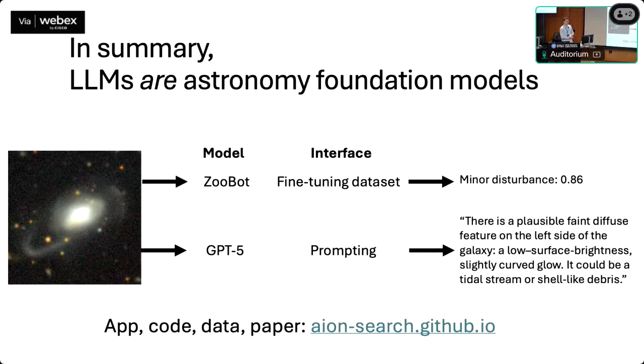You can just prompt it with text. So if you have a scenario where you're looking for a rare type of galaxy that you don't even have 1,000 examples to fine-tune Zubot, for example, then you might have to use this language model. But if you have 10,000 examples, then fine-tuning Zubot is almost definitely going to be better than the language model, depending on the task. So absolutely, there's still a use case.